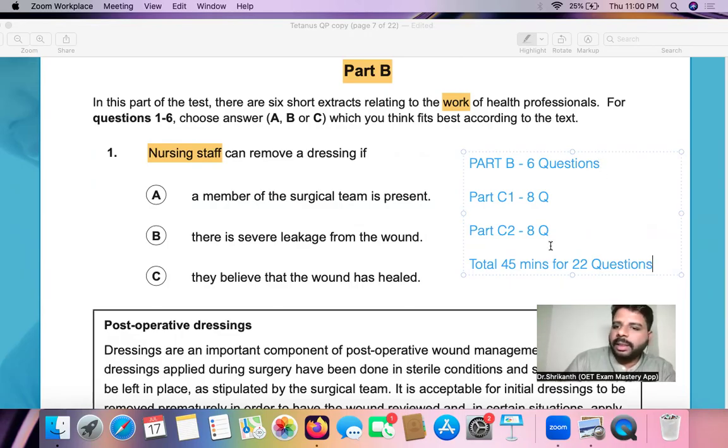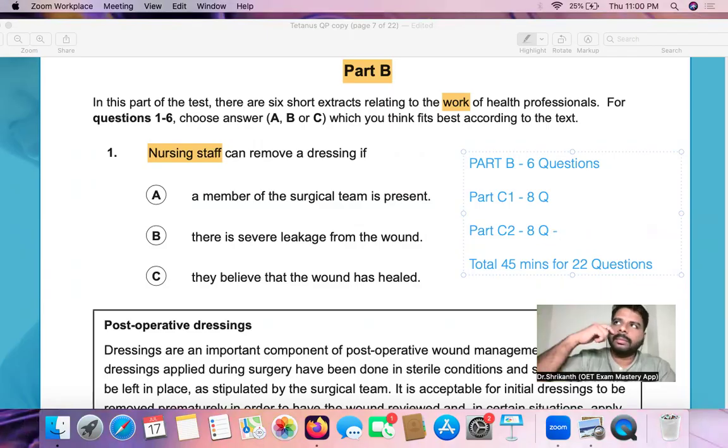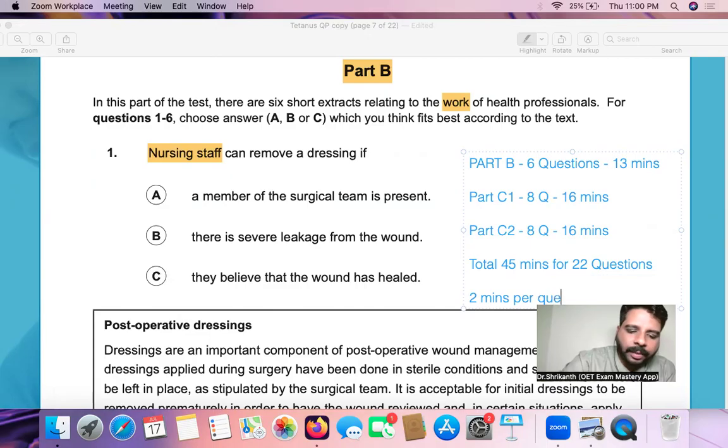I would suggest that you spend 16 minutes on one extract of part C, 16 minutes on the other extract of part C, and 13 minutes on part B. So that leaves you approximately with how many minutes per question? 2 minutes per question maximum.